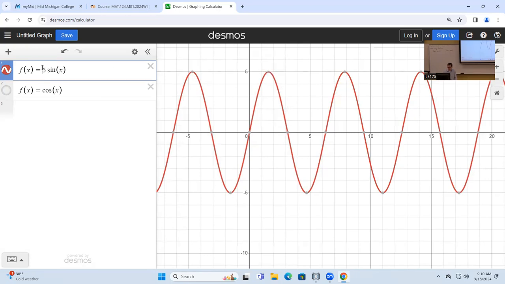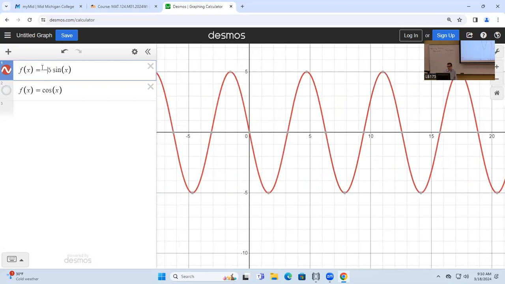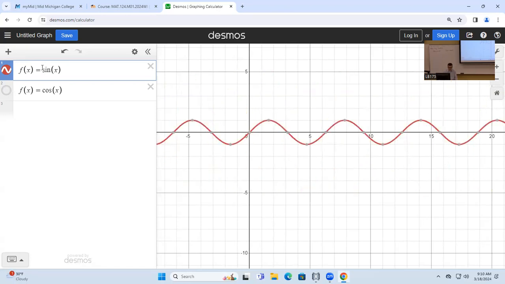By the way, if we throw a negative in front of this, it's just going to flip upside down, right? We probably already knew that by looking at translations and shifts from what we've done previously. So putting a number out front is just a vertical stretch, right? Putting a number out front, just a vertical stretch. Okay.